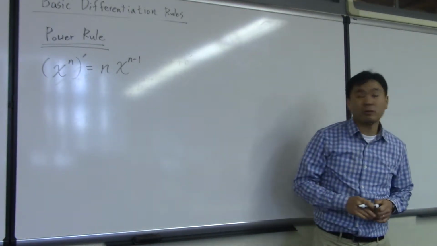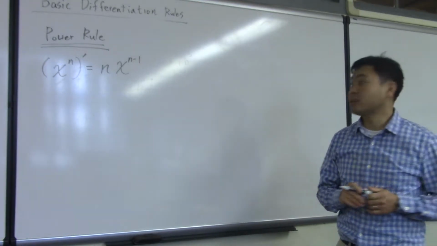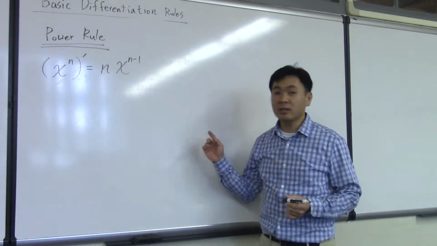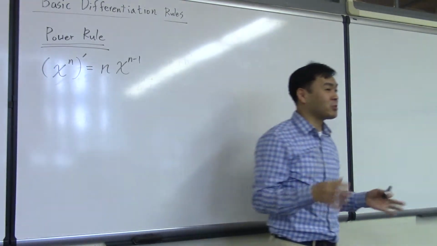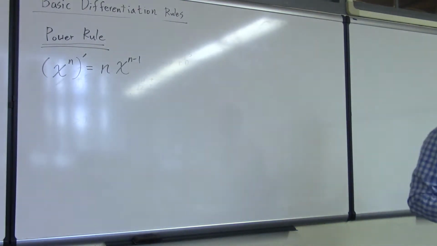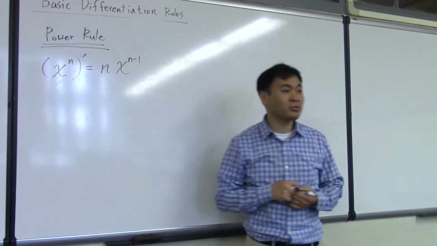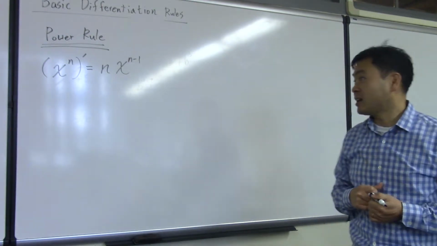The first comment I want to make about the power rule is that, although we proved it for only n equals 2, 3, 4, some positive number, in fact this holds true for any n.